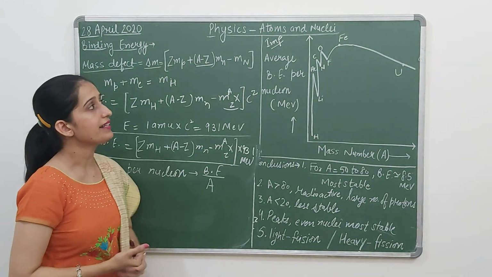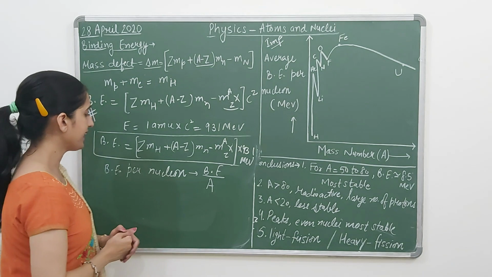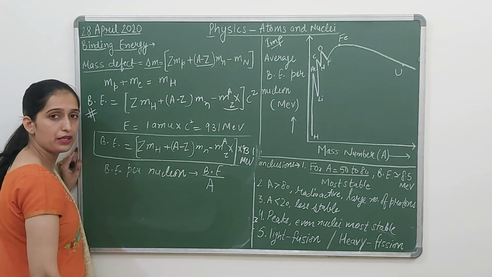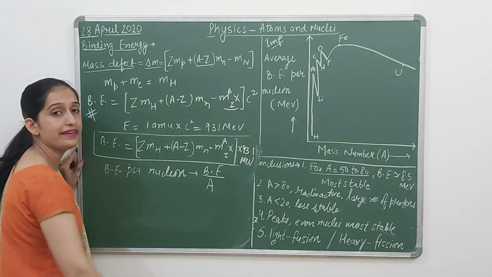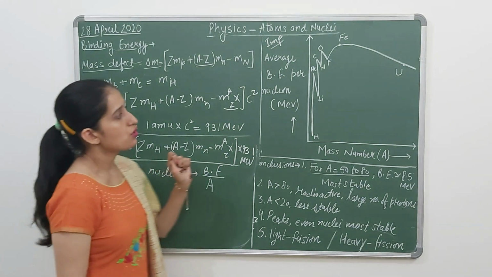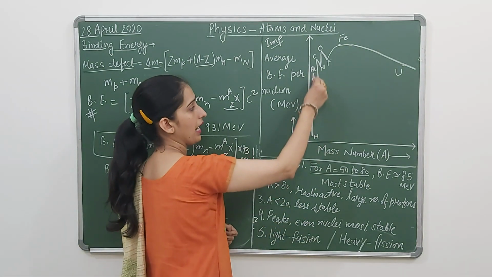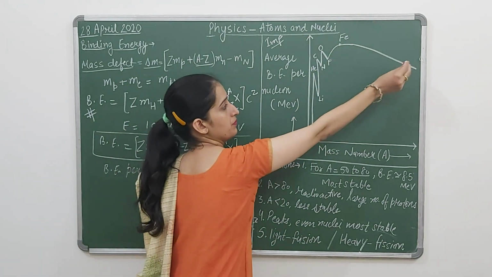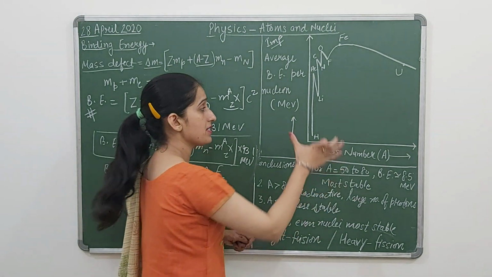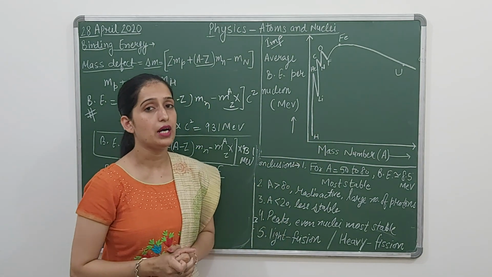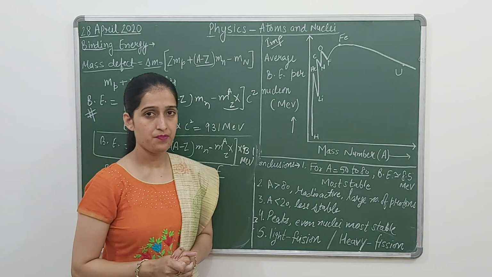So let's start this curve. We get the formula for binding energy. We can calculate binding energy per nucleon by dividing it by the mass number. So in the binding energy curve, you can see I have drawn a shape. It has very important details about our periodic table.